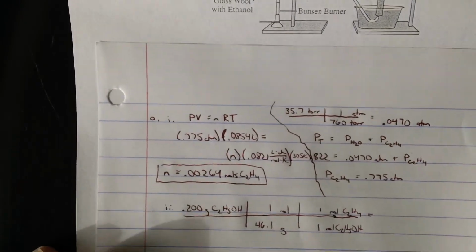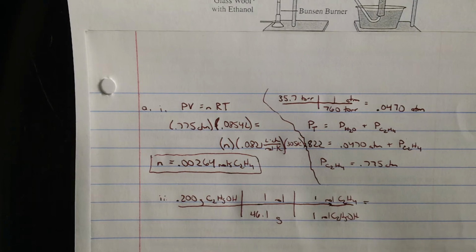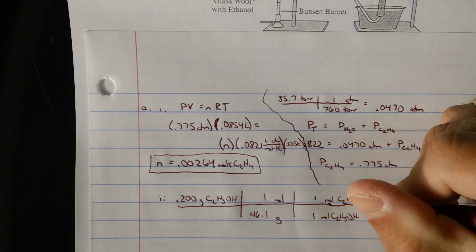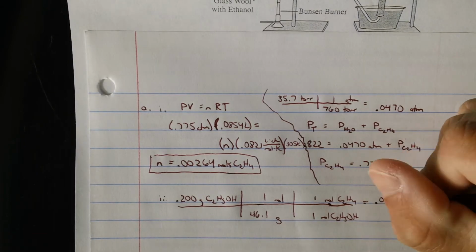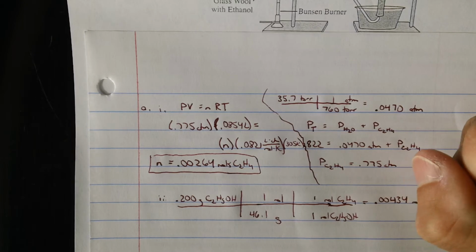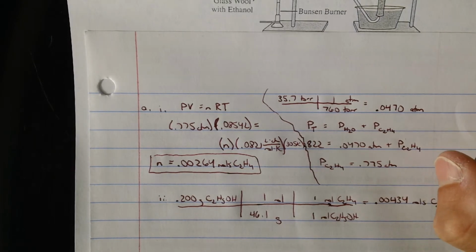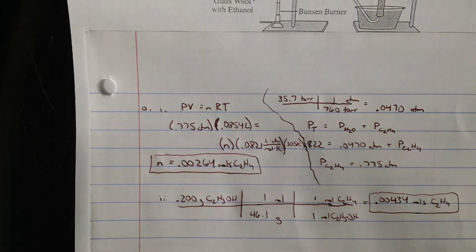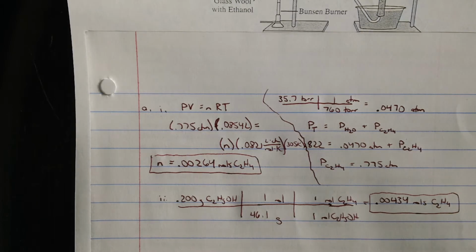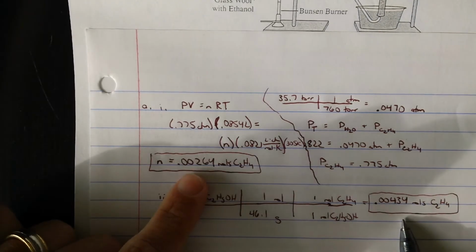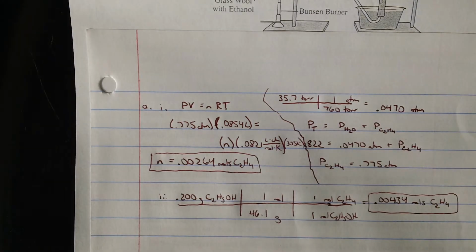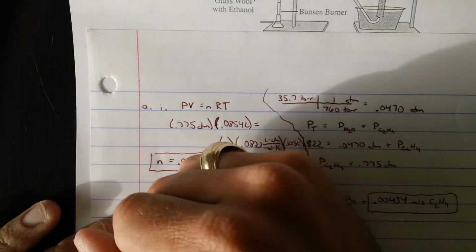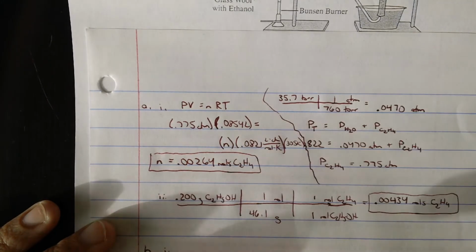It's a 1-to-1 ratio, and so when we plug this in, we get that if it went to completion, we should have gotten 0.00434 moles of ethene. So all that ethanol that got heated up and evaporated, some of it didn't decompose. If all of it decomposed, we would have gotten this much ethene. We only got 0.00264. That's good because it's less. It's a good indicator we're in the right ballpark here.